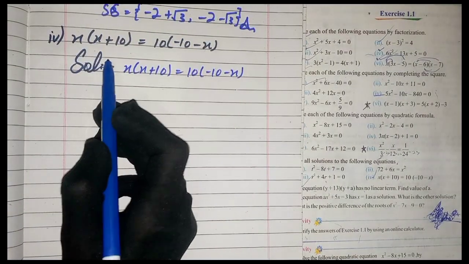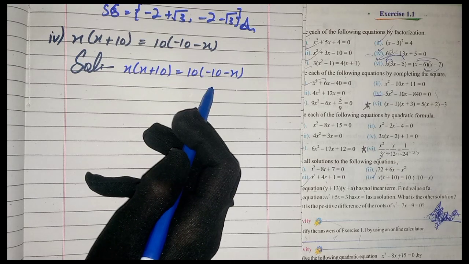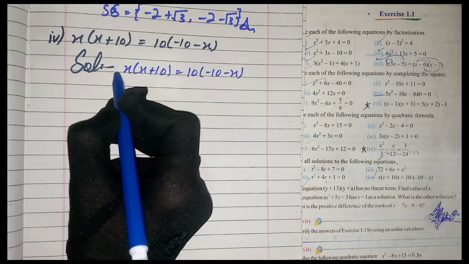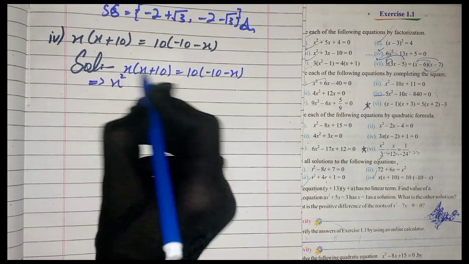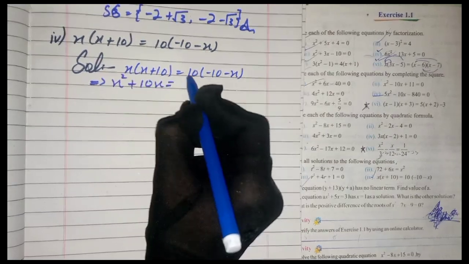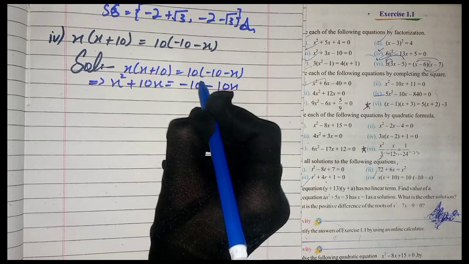Now we solve part 4: x into x plus 10 equal to 10 into minus 10 minus x. First we simplify. x multiplied by x equal to x square, plus 10x equal to minus 100 minus 10x.